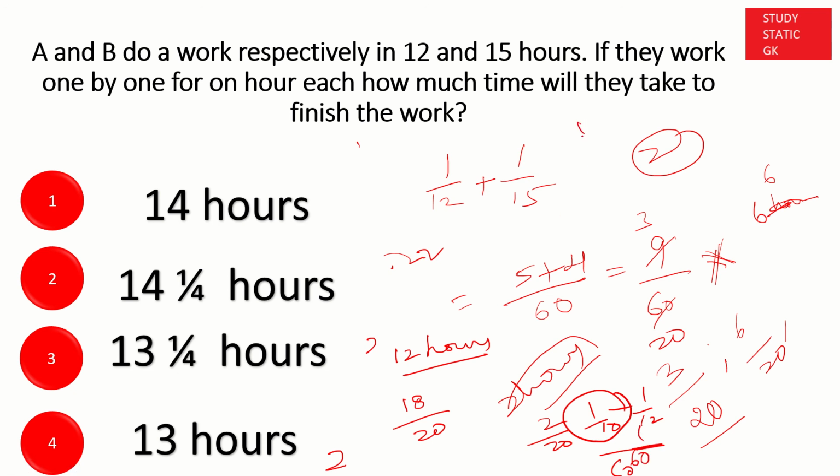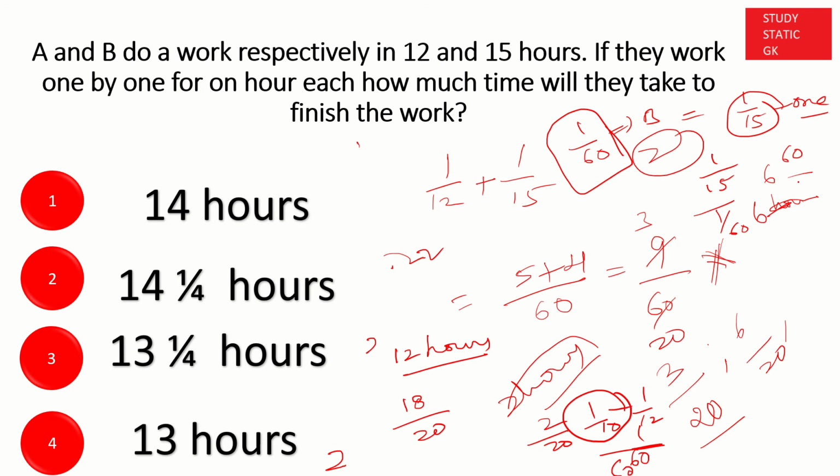So 1 by 60 work has to be done by B, but B will actually do 1 by 15th of the work in 1 hour. That means for 1 by 60th work, the time taken is 1 by 60 divided by 1 by 15, that is 15 by 60, which is 1 by 4.